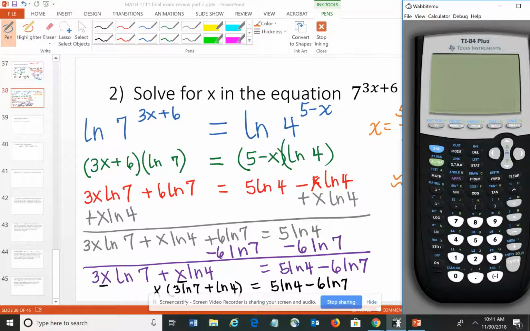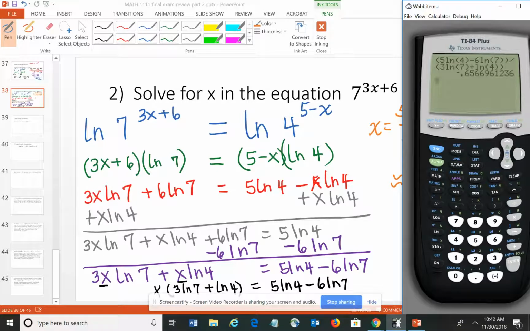So if I put this in my calculator, we're going to put parentheses around the top. So we would have 5 natural log 4, close that parenthesis, minus 6 natural log 7, close the parentheses on the top, divide, open the parentheses for the bottom, 3 ln of 7, close the parentheses, plus ln of 4, close the parentheses on the bottom.